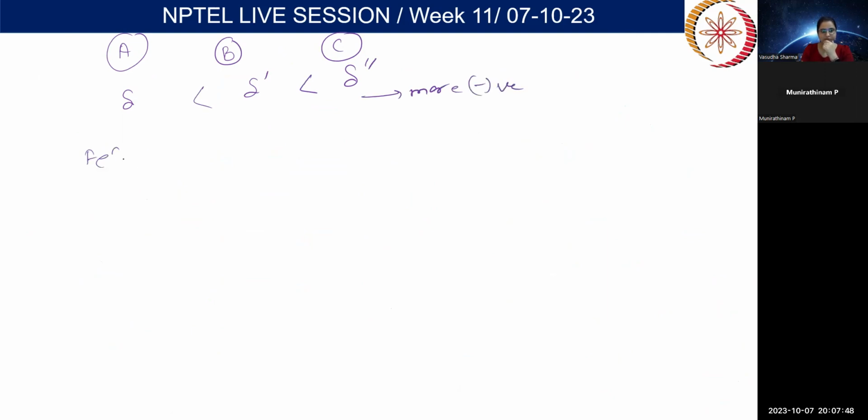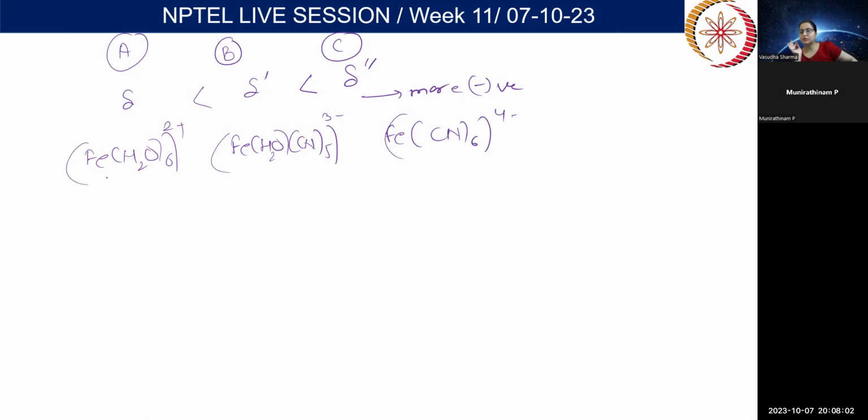So Fe with water, Fe with 1 water and 5 CN, and Fe with 6 CN. So can you please explain? Splitting we saw, but what about their isomer shift values? Why is this complex C having a more negative delta value compared to B and A?